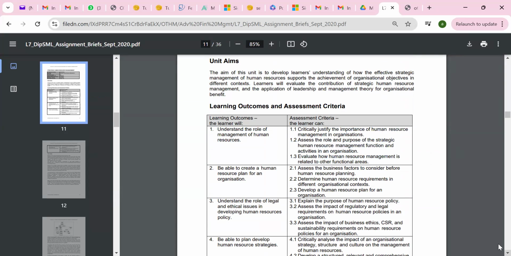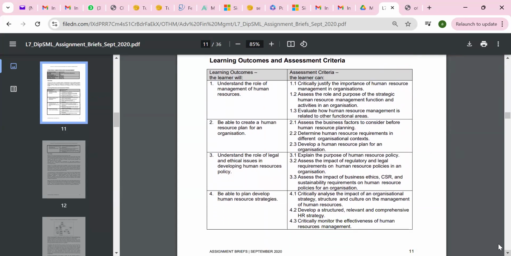That was the key in our discussion. Then in the second lesson, we discussed the business factors that are crucial to determine micro and macro environment. We discussed different factors, political, economic, social, technological, and how these impact on human resource. So that was the key in 2.1, 2.2, and 2.3.